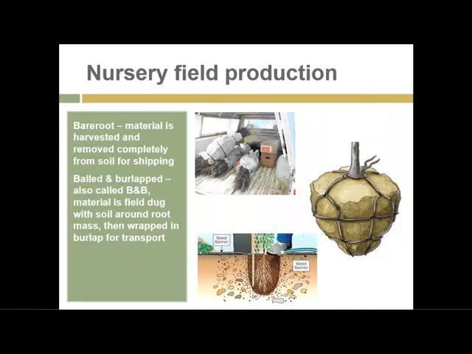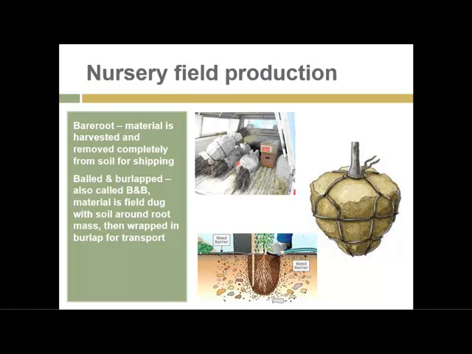So the major production methods are in the next couple of slides. First is bare root, and that's where the material, and this is generally woody plants, is harvested and removed completely from the soil for shipping.